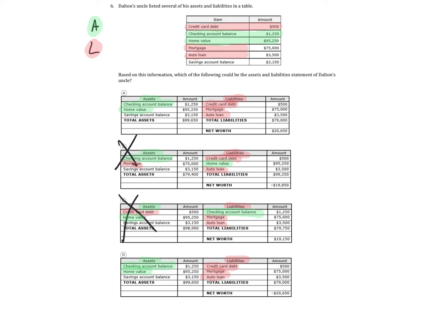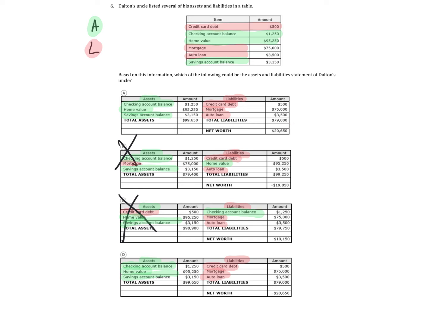Now the last thing, a savings account balance. Since it's a savings account, that's money in your bank account, so it is an asset. So anywhere there's a savings account, we're going to put green. So far, we're still looking at A and D as our answer choices. Now let's look at those 2 answers a little more closely. When we look at A, we see that the assets add up to be more than the liabilities.